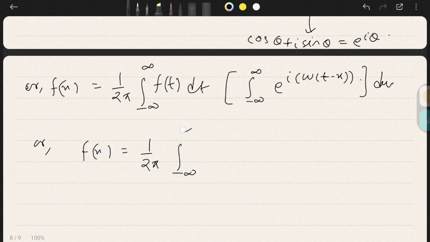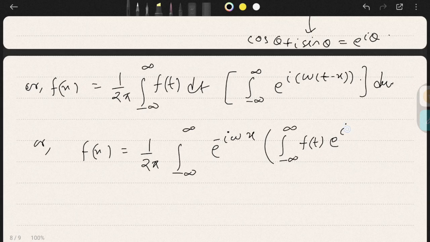Like we have the complex form of Fourier series, we have the complex Fourier integral also. You can also write it like this, with e to the power i omega x. Always write the omega x term separately, there is a reason for it.